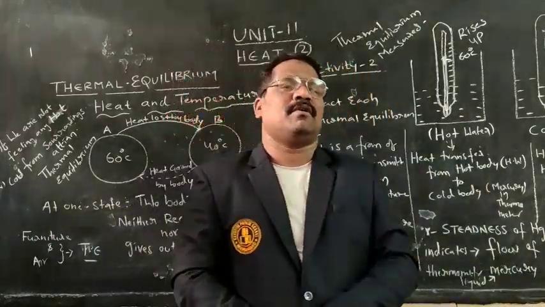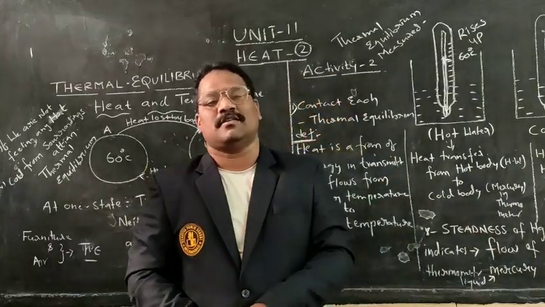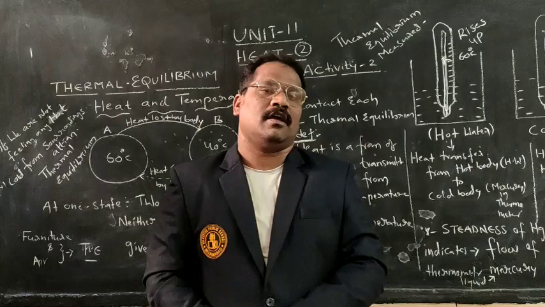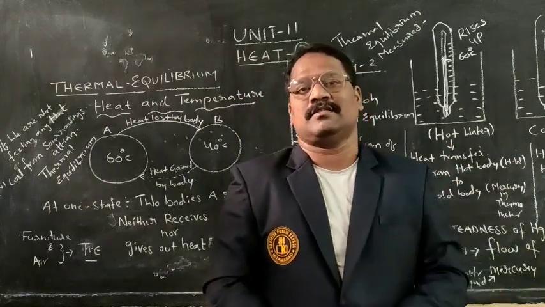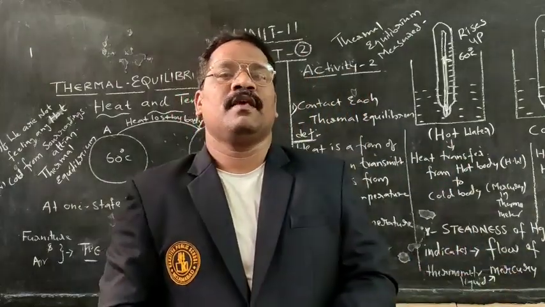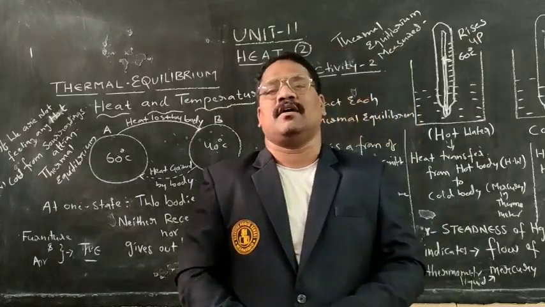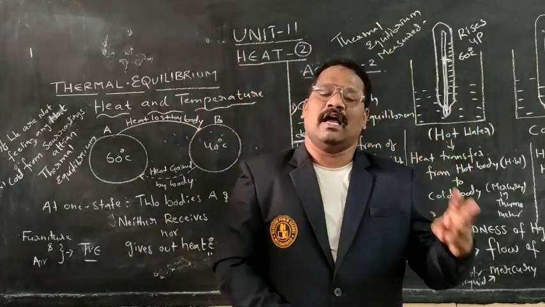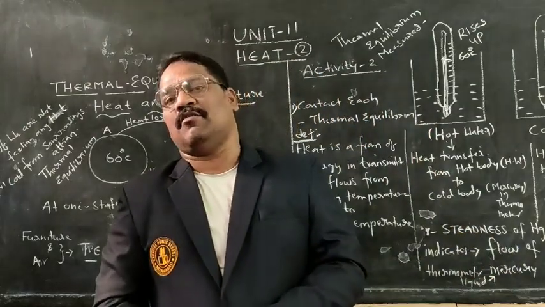How can we measure temperature? By using a thermometer. We already studied the thermometer in previous classes last year. We have three types of thermometers: solid thermometer, liquid thermometer, as well as gaseous thermometer.